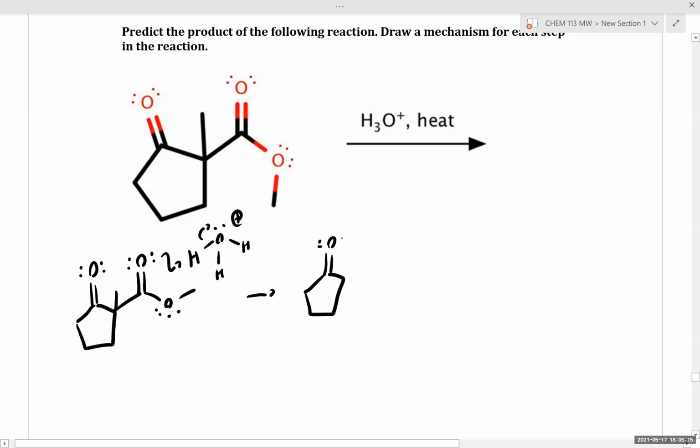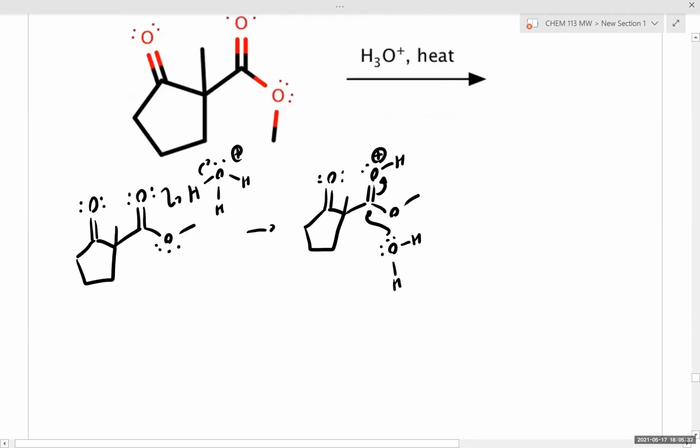The student then went on to comment in the chat that now that we've protonated our ester carbonyl oxygen, we can then attack our ester carbonyl carbon with a nucleophile such as water. Okay, so we now have this tetrahedral intermediate.